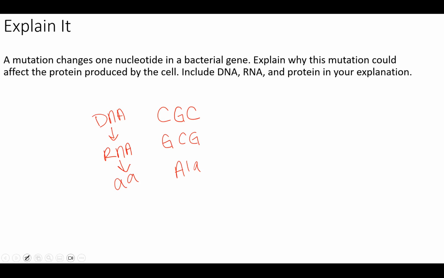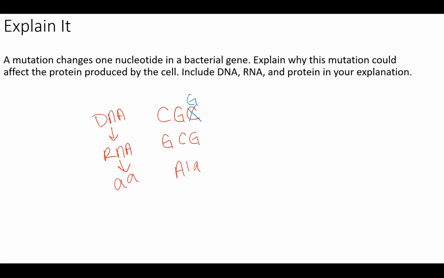But now let's pretend that there was a mistake made during the DNA replication process, and this cytosine was not incorporated. A mistake was made, and instead, another guanine was added. Well, do we agree that whatever the DNA is going to impact the RNA?